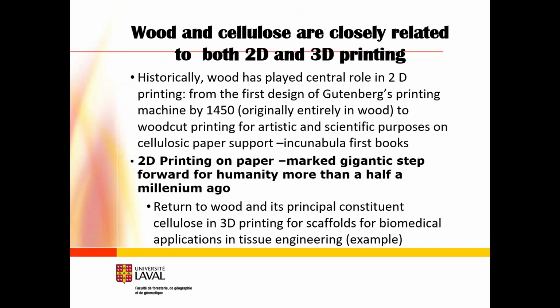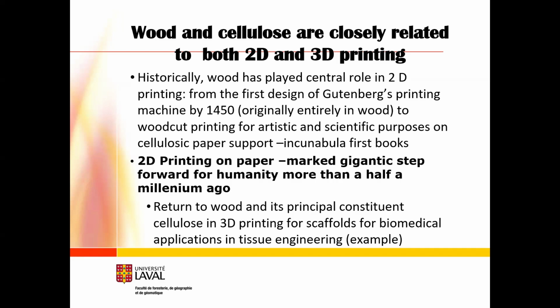But when I was invited for this lecture, I really realized that cellulose has played a role in a historic event, which is the invention of printing, which really marked the history of humankind, because without Gutenberg and printing, and even before Gutenberg, the Chinese invented the same type of printing, but they are not so recognized. 2D printing was made possible with Gutenberg's pressing machine, which was designed completely in wood, 100%.